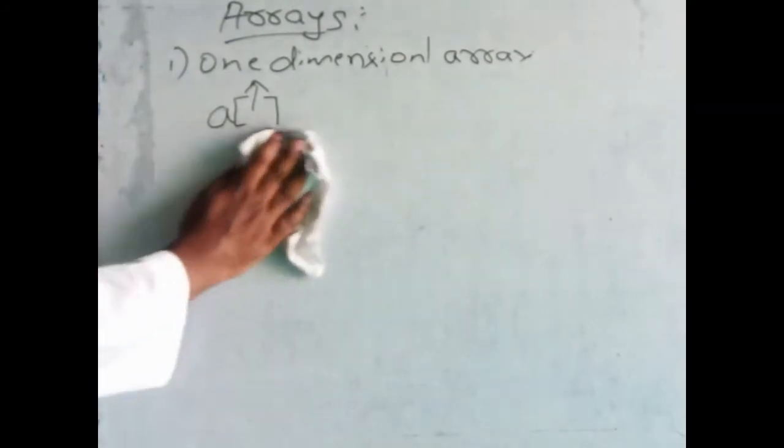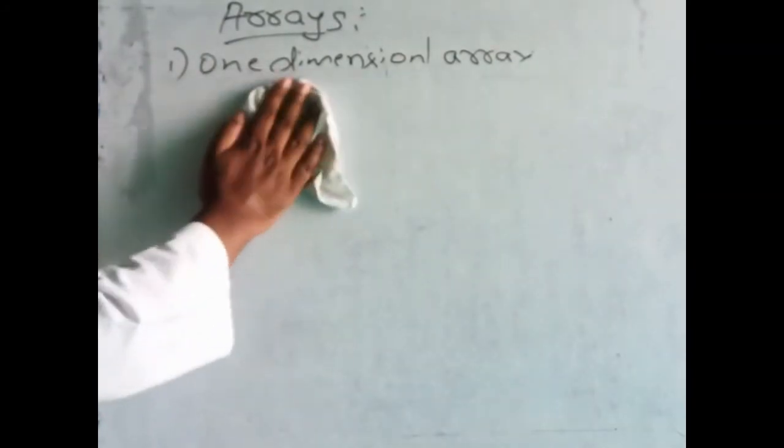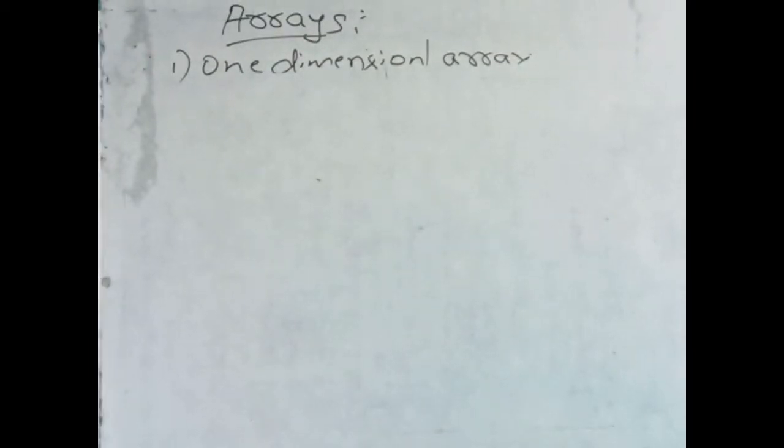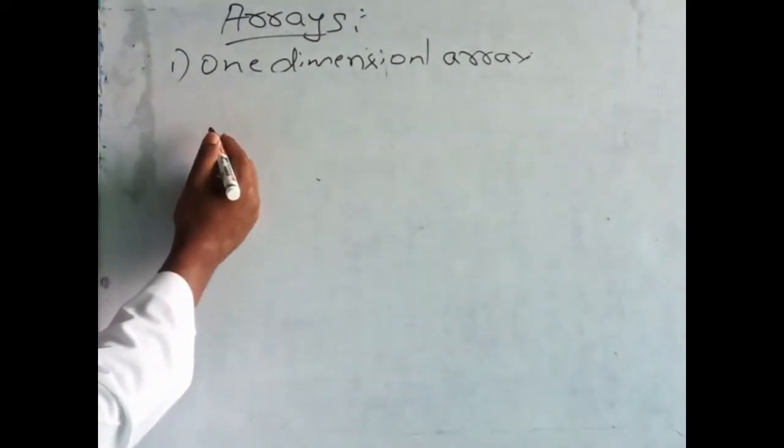Let's see the syntax. If you see the syntax, you will understand. For a one-dimensional array, for example if you want to create an array with integer data type, we need to use the data type.